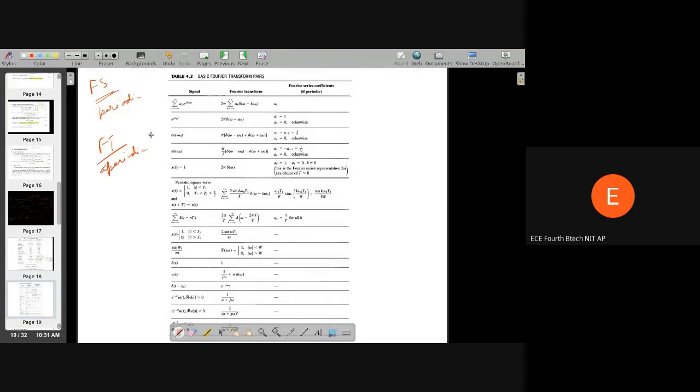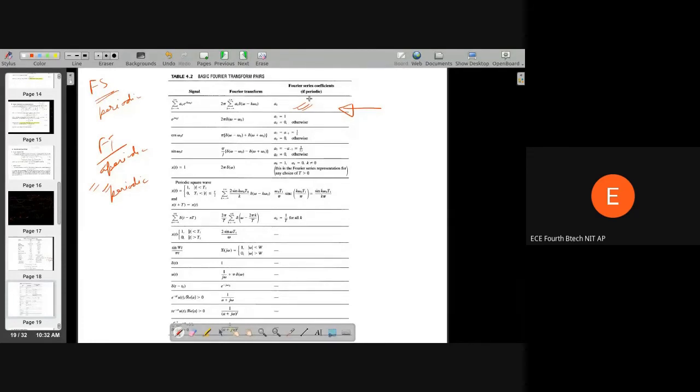That is not completely true, because periodic signals also we can represent by Fourier transform, and this is how you represent it. This is an important thing to know.